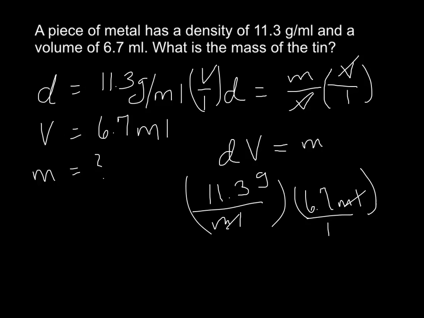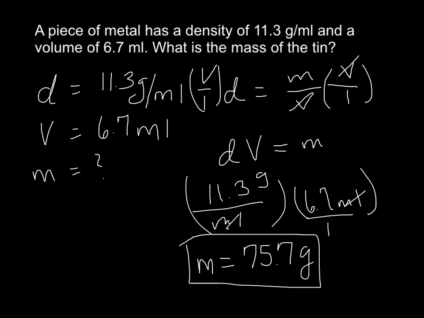Milliliters are going to cancel, so we're going to multiply 11.3 times 6.7. And let's try that again. 11.3 times 6.7, and we come up with the mass is 75.7 grams. This is just simple algebraic equations, moving those equations around.